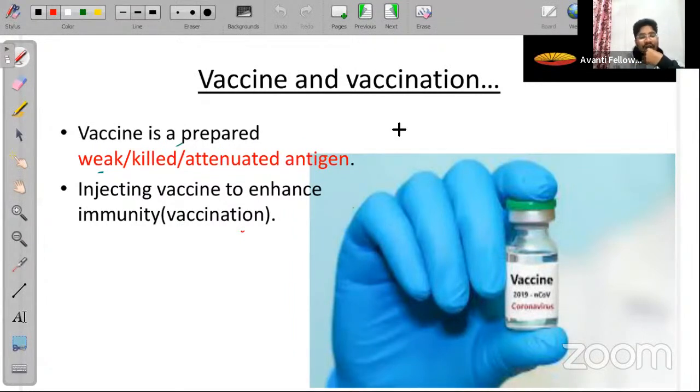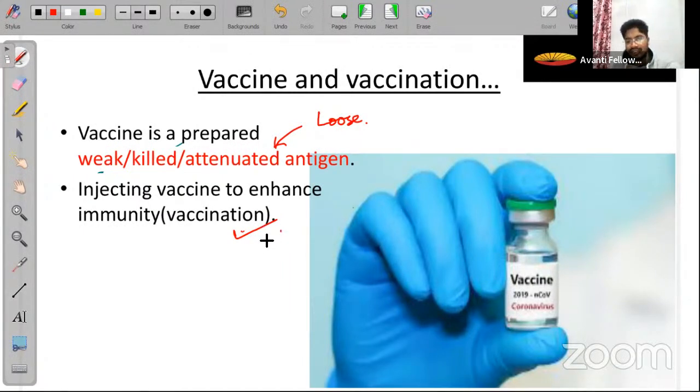Vaccines are prepared weak, killed or attenuated antigens. Attenuated means weak and loose. Injecting vaccine to enhance immunity is called vaccination, as I told you. Vaccination is nothing but injecting vaccine to increase the immune power or immunity.